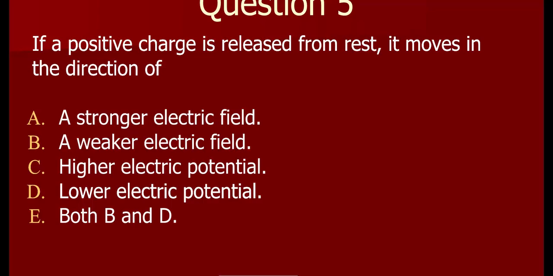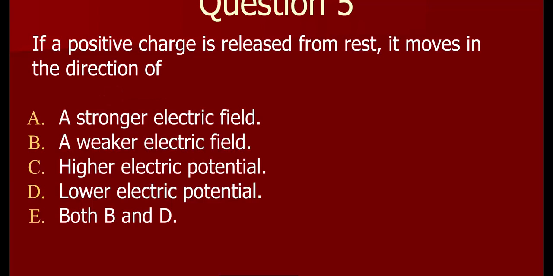A positive charge is released from rest. It moves in the direction of a stronger field, a weaker field, higher voltage, lower voltage, or both B and D. Hang on.